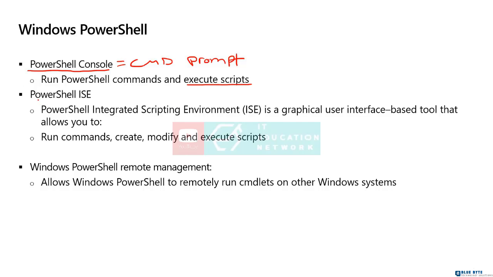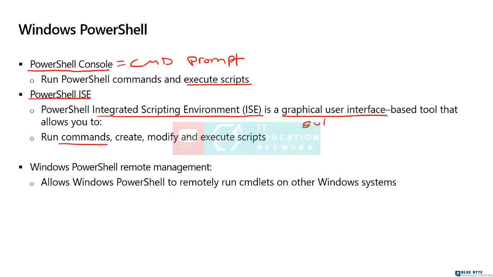The other tool is this PowerShell ISE, this integrated scripting environment. Many places will list it as integrated scripting engine, but Microsoft says environment. This is actually a graphical user interface, so just a GUI tool. This allows you to do a lot of different things.